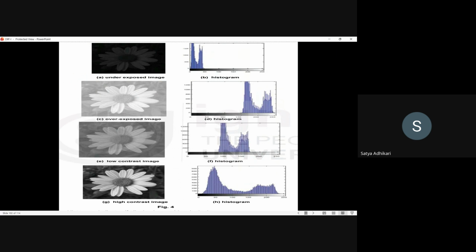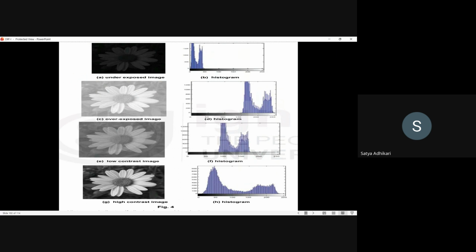So it is closer to 255 and your image is overexposed, brighter. You will not get information from this image. It is not clear. So this is the underexposed image, and the second one is the overexposed image.